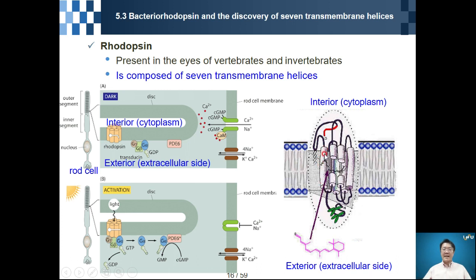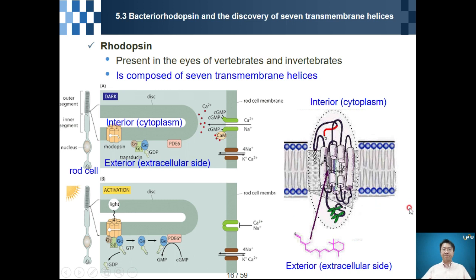The G helix has the lysine residue, so retinal binds to the lysine residue. This is the interior cytoplasmic region, and this is the exterior, the extracellular side.